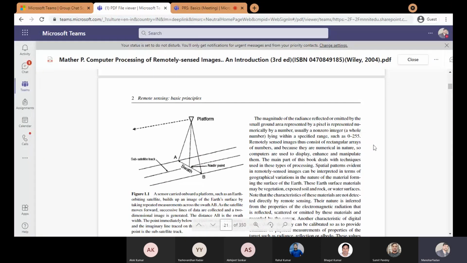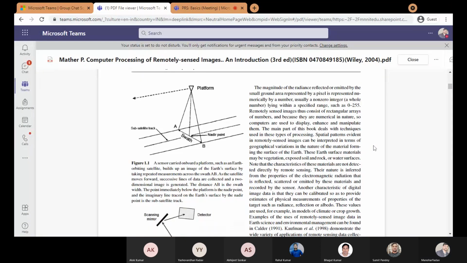If you see over here, the figure 1.1, I hope you can see. This figure 1.1 is the architecture depicting how the imaging system that is mounted on a platform acquires the images.